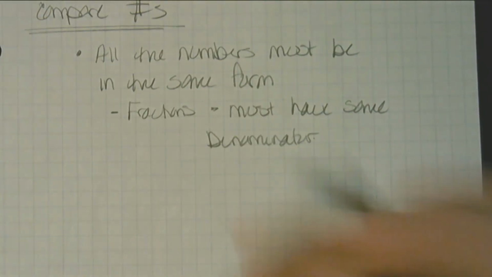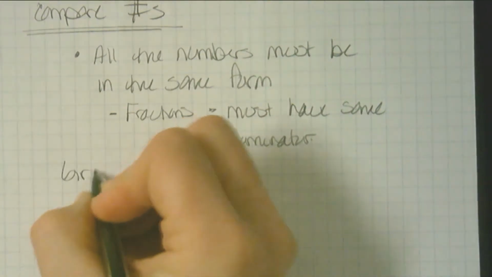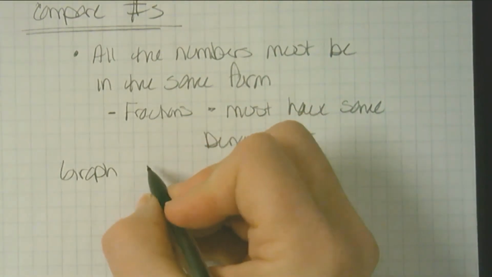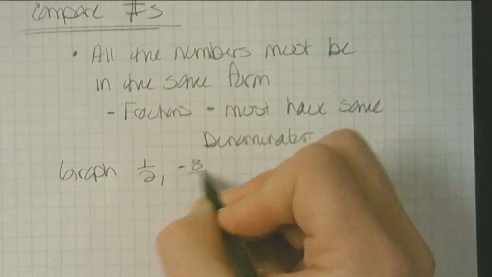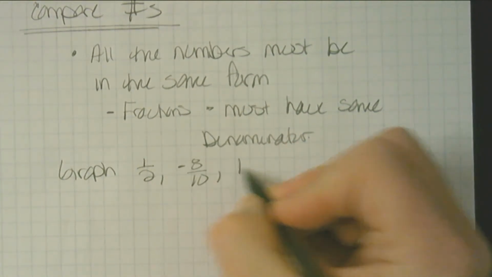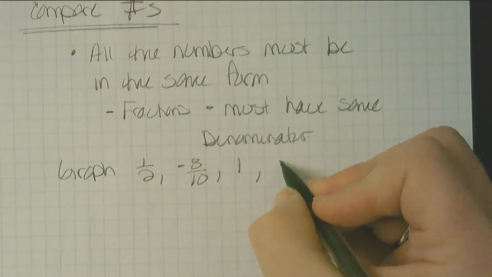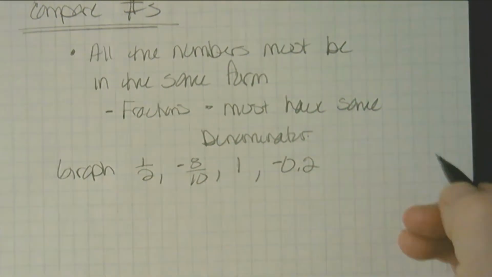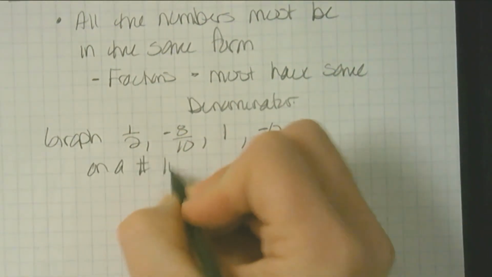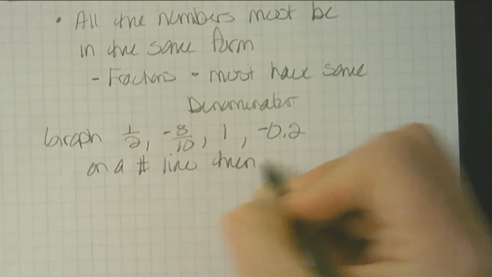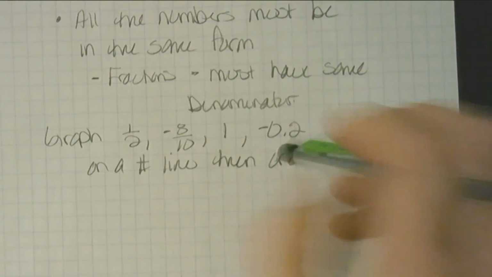So let's take a look at this. I want you to graph 1/2, -8/10, 1, and -0.2. I want you to graph them on a number line. Then order from least to greatest.